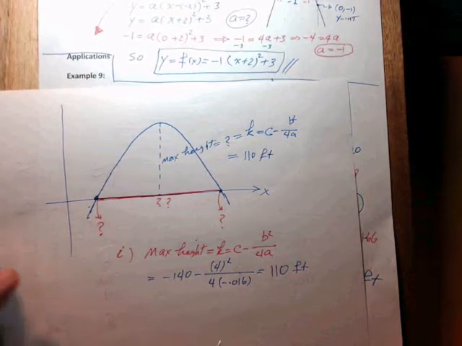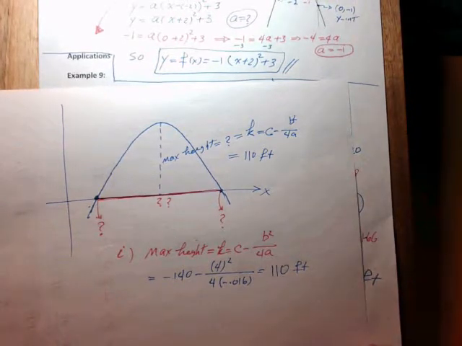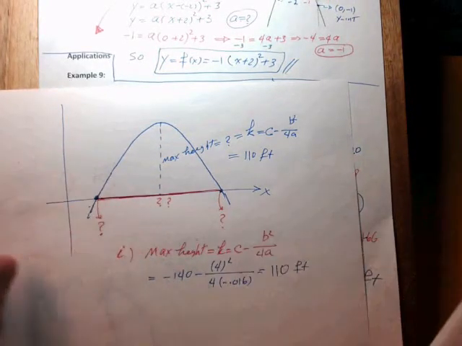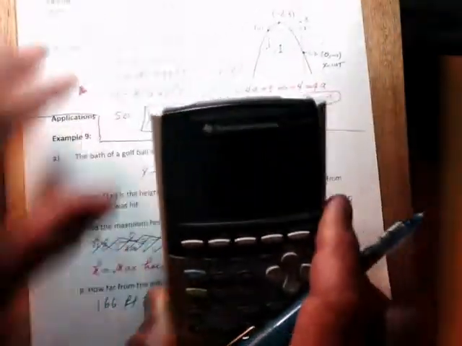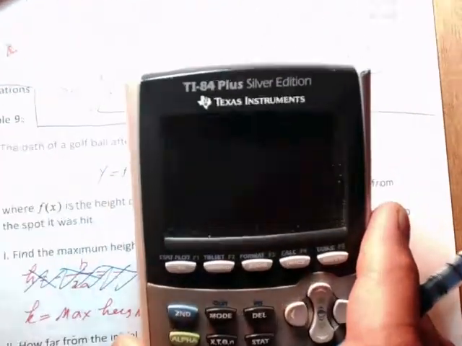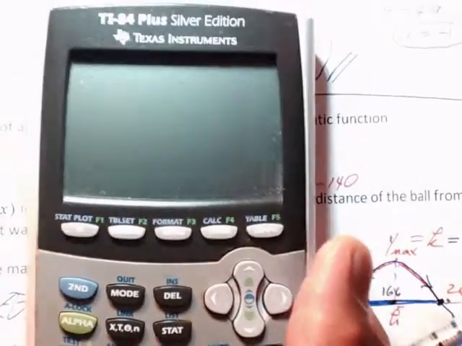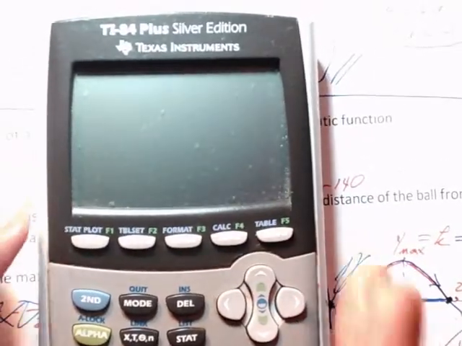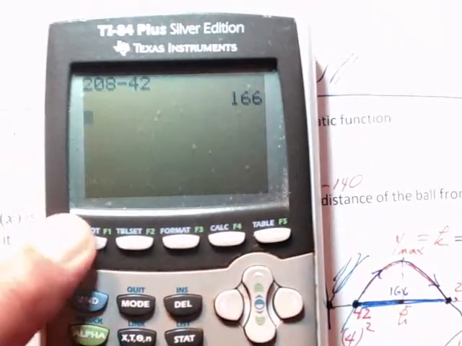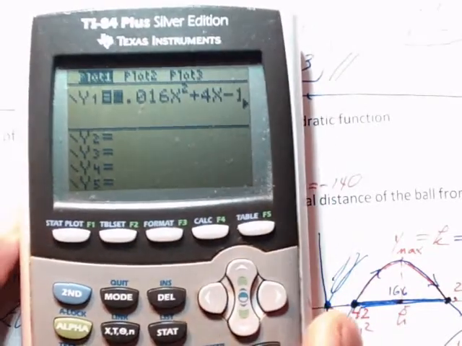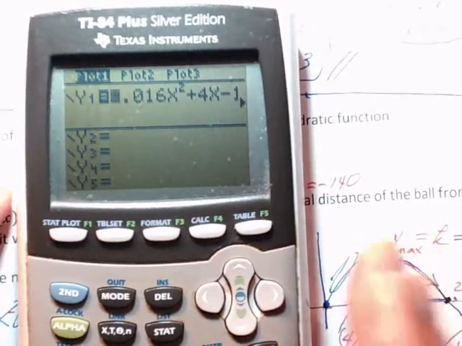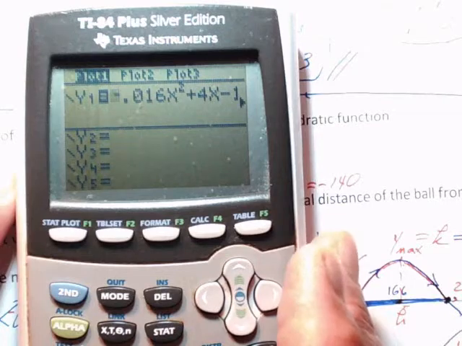Okay. Then I want to find the x-intercepts. I want to find these two points. I use my graphing calculator. I go to y. I have typed it already because, as I said, I did it once, but it didn't have sound.